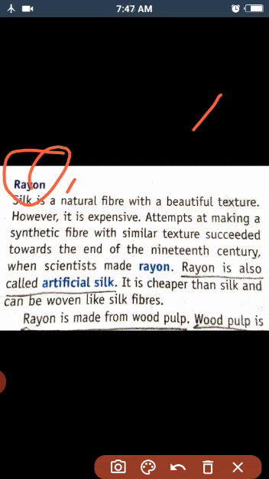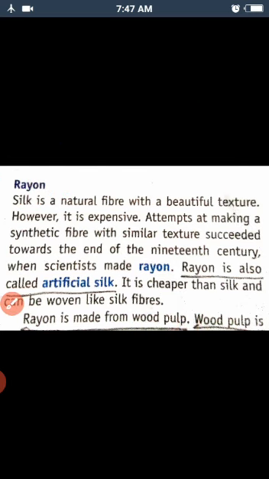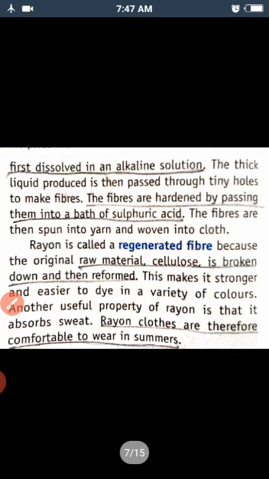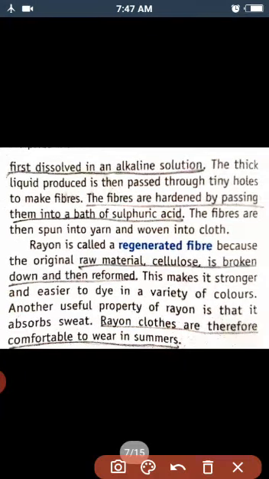First, see how rayon is made. Rayon is made from wood pulp. The wood pulp is dissolved in an alkaline solution. After that, it forms a thick liquid.